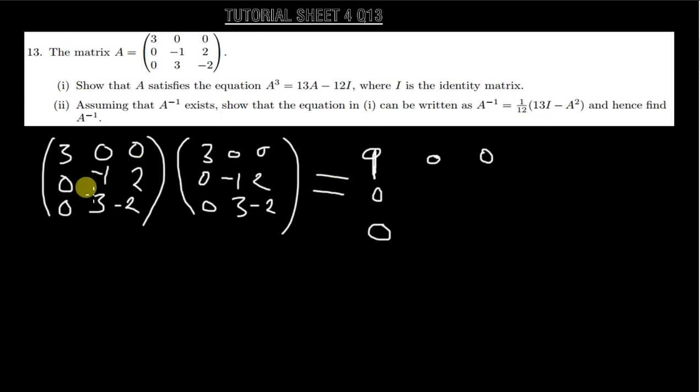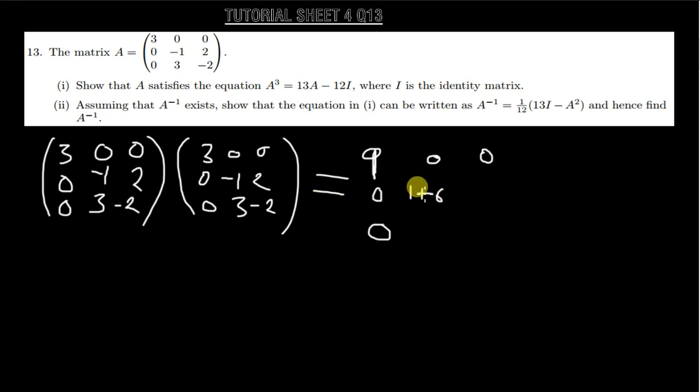I move on now to the next column there with the second row here. So it will be 0 times 0, 0, and then negative 1 times negative 1, that will be a positive 1, and then 2 times 3. So 2 times 3, that will be a positive 6.